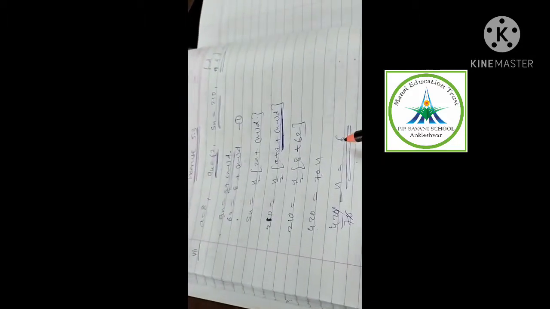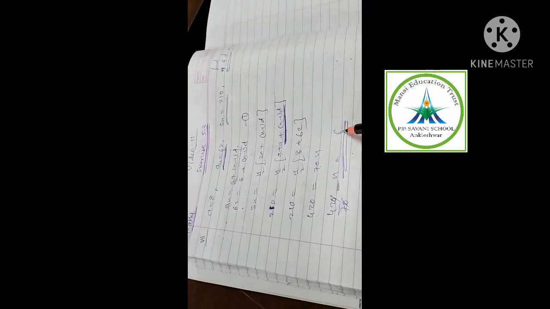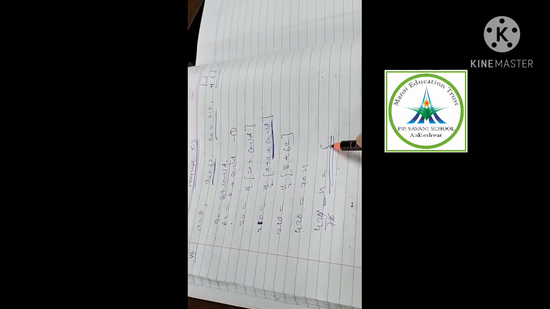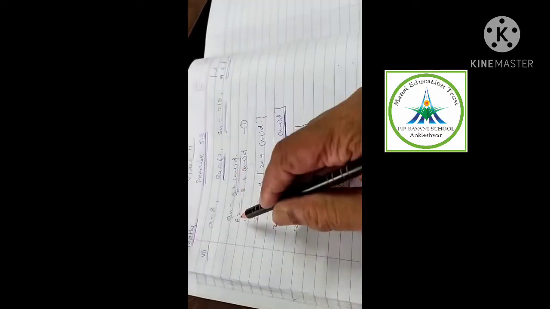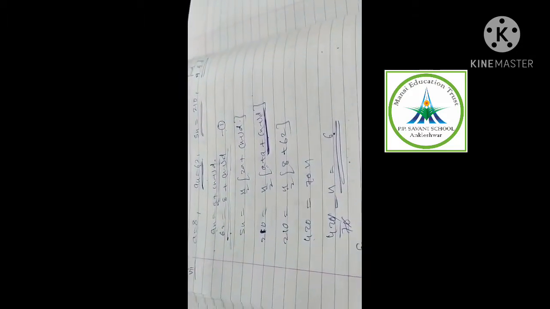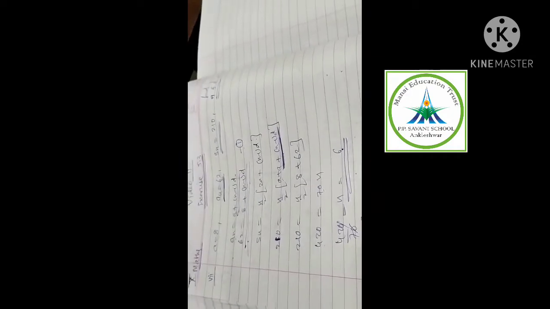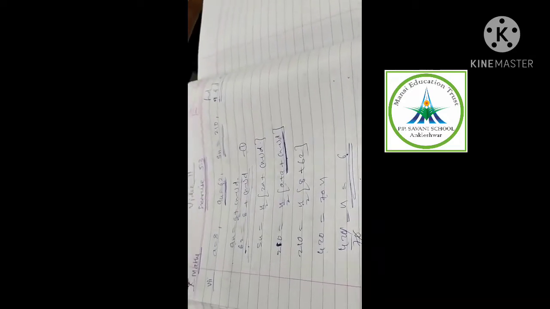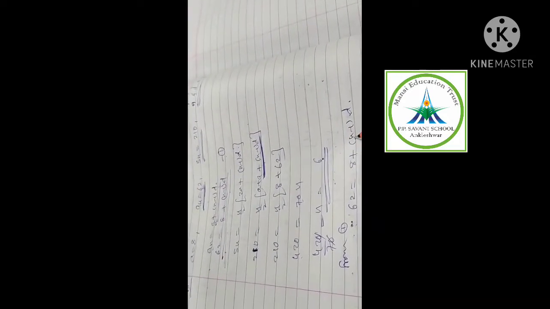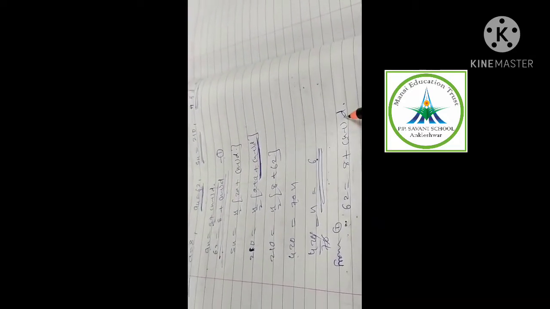Then you can find d. Yes or no? See, n is 6, a is 8, an is given to you. I am taking first now. From 1, 62 equal to 8 plus n minus 1 d. I know n, I will get d. Got it?